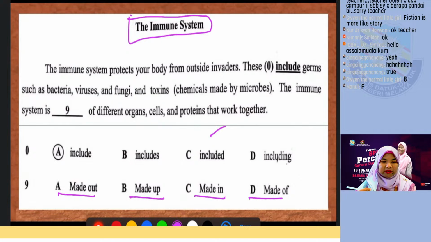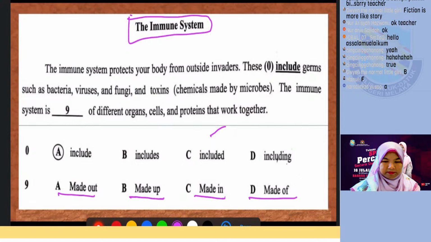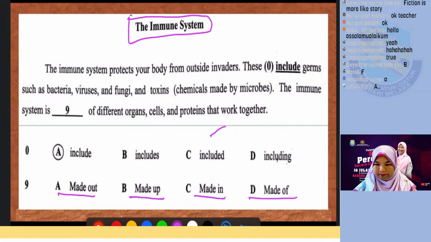Here, when we are choosing the answer, let's discuss the meaning of each option that we have. What is the meaning of made out? Noorzailatil, you answered A. Made out will be used when we talk about something that has been changed or transformed.